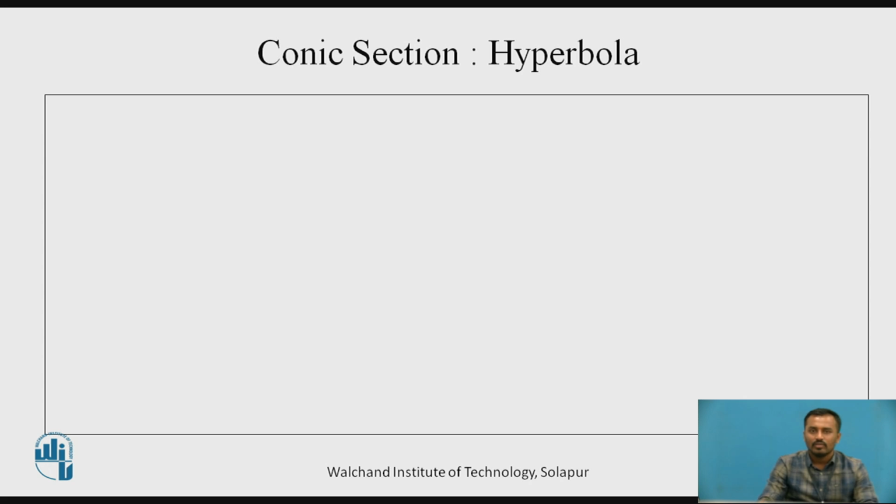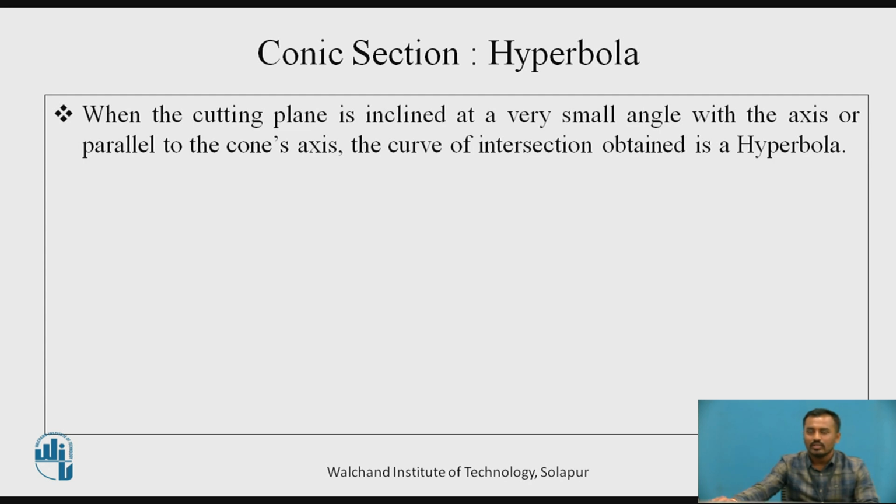After that, we are going to see how a hyperbola is generated with the help of a cone. When the cutting plane is inclined at a very small angle with the axis, or parallel to the cone's axis, and that cutting plane is offset from the axis, a hyperbolic curve can be obtained by cutting the cone.